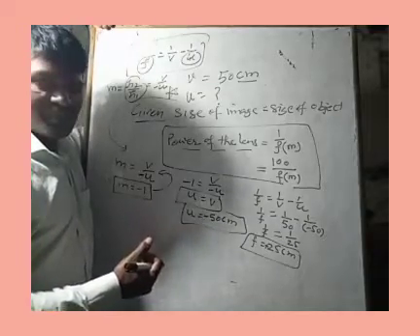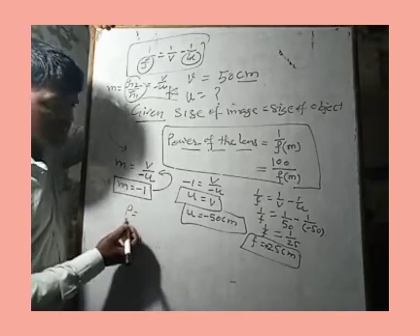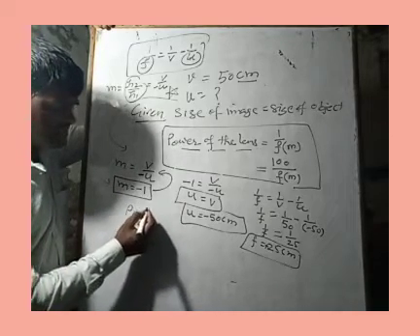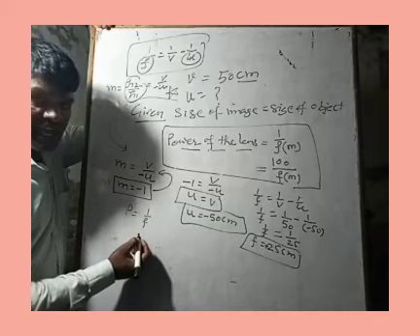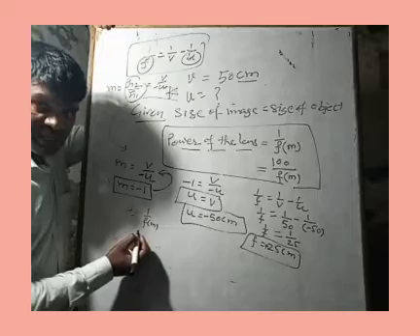And it is positive also, because for convex lens the focal length comes to be positive. Now we can calculate power of a lens, and power of lens is always equal to 1 by f, if it is in meter.